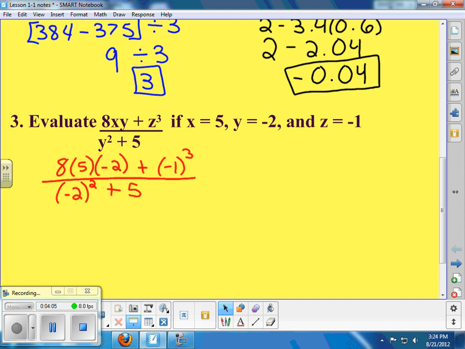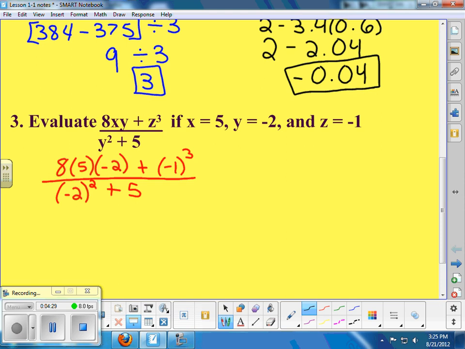Now you'll notice that I use parentheses to show my multiplication here. These parentheses do not mean that they need to be done as the very first step in the order of operations. They're again showing multiplication. Remember also, in the order of operations, the very first step is parentheses, but there are parentheses implied.